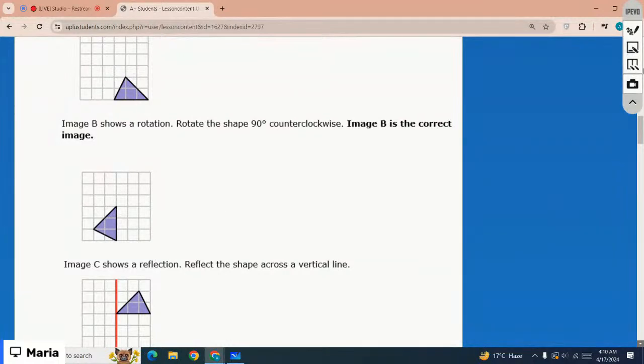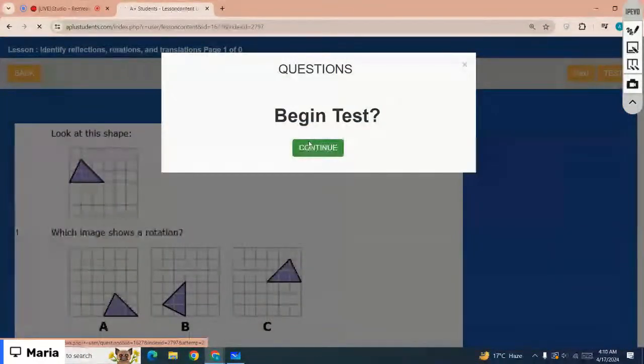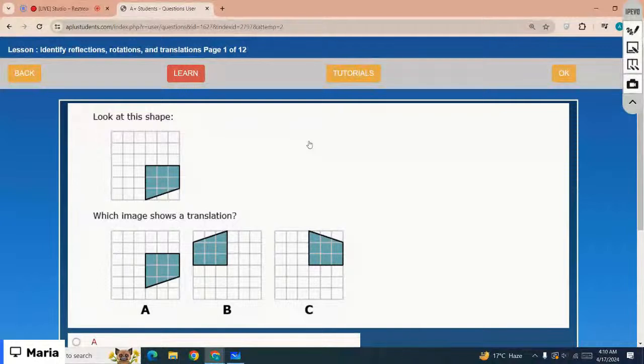Let's just start with the test questions. Look at this image. Which image shows a translation? Here is the original image, right?